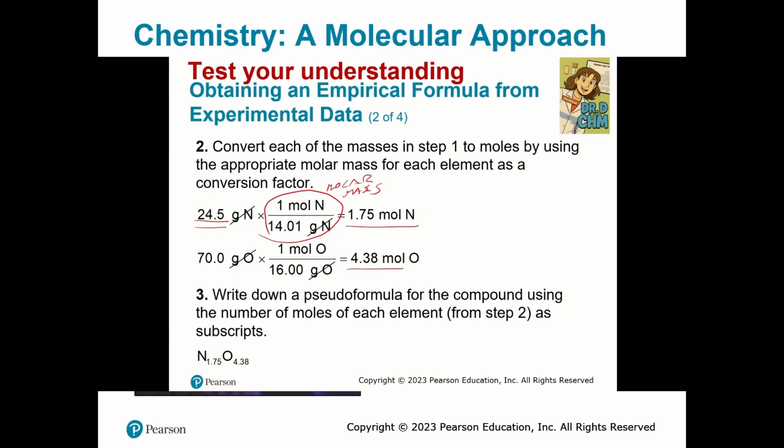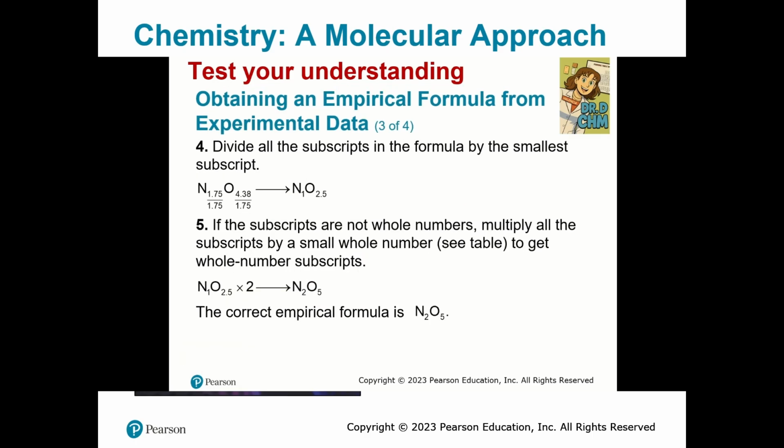Then you can write down the pseudo formula of the compound using the moles that you calculated over here. Now you know that you need whole numbers. I cannot leave it like this. But first you need to divide by the smallest number of moles among the atoms.